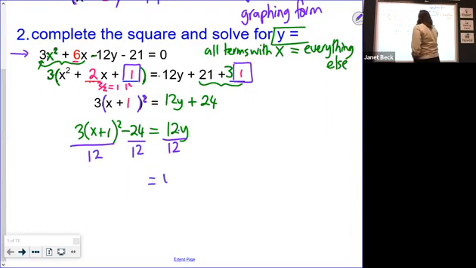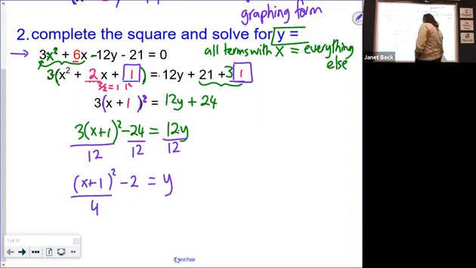Okay, so this leaves me with y on this side, minus 24 divided by 12, that's easy. Now this part here, you could leave it like that, but that's going to make graphing much more difficult for you. That would be much better written as 3 divided by 12, which reduces to 1/4, multiplying by that.